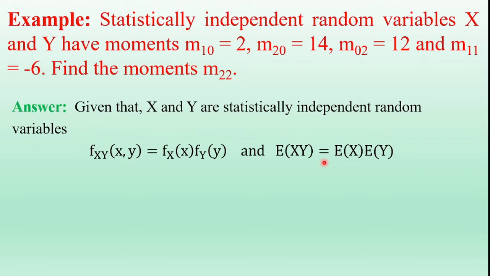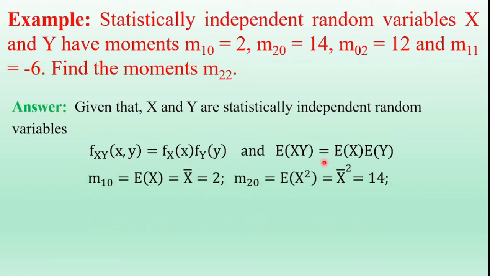Given that M10 is the first moment of the random variable, it is also represented as the expectation of x, or x bar, which is equal to 2 from the given data. M20 is the second moment, the expectation of x square or x square bar, which is equal to 14.